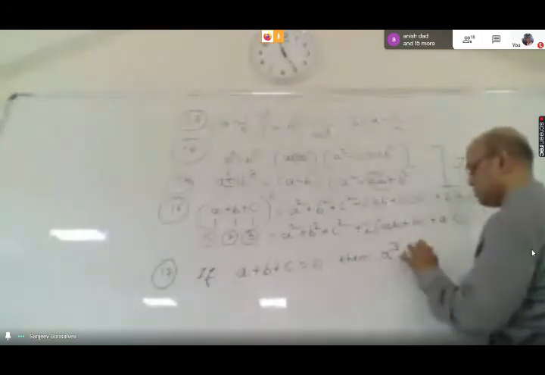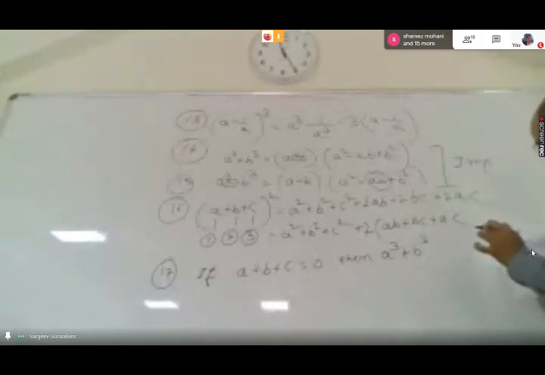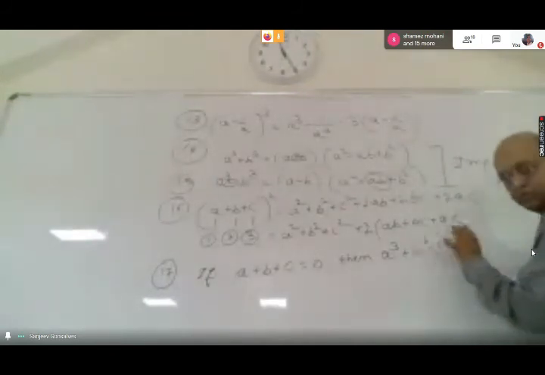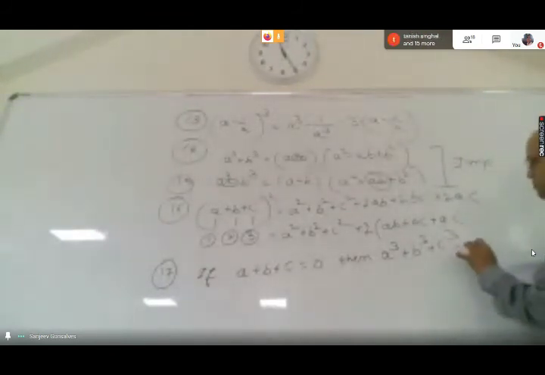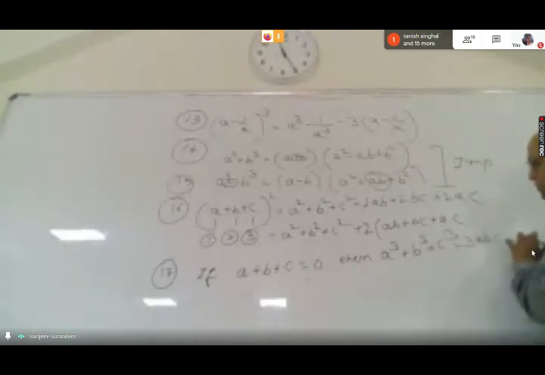A cube plus B cube plus C cube is equal to 3ABC.